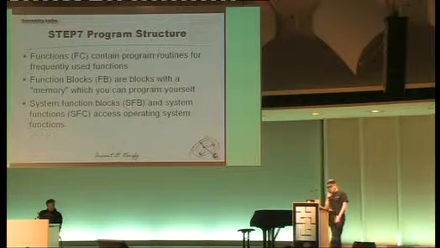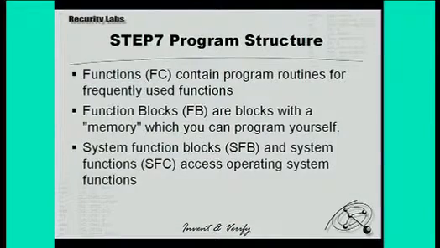Then we have functions. Functions are, as one would expect them to be, just simple code functions. They can actually take arguments, and they can actually return a value. There's function blocks. They're a bit weird. So a function block is basically a function that has a data block, like a struct in C, assigned to it, and then gets an instance of this data block for execution.